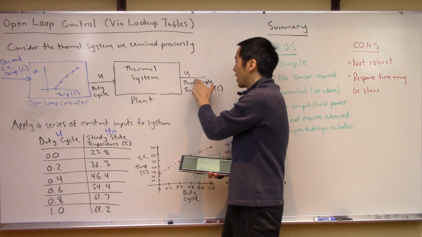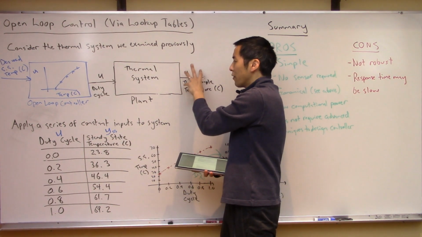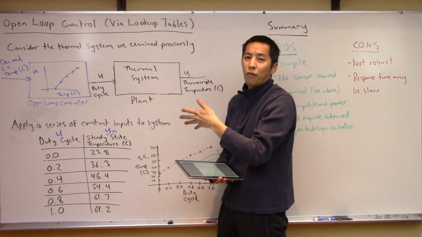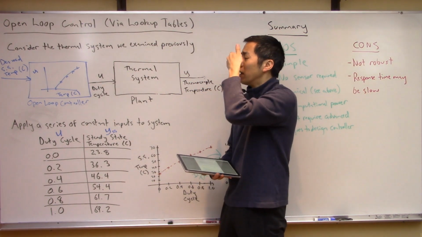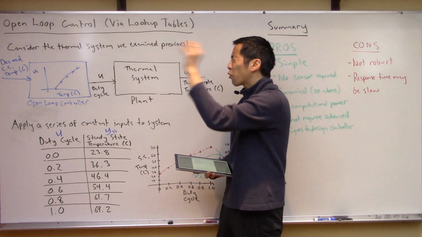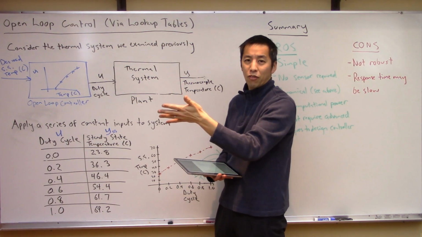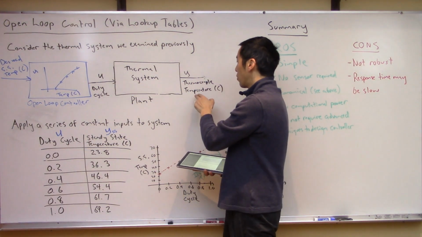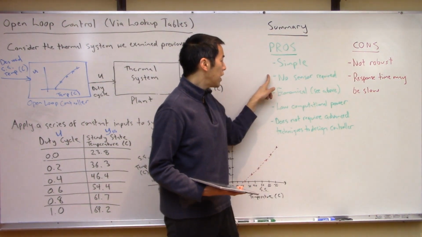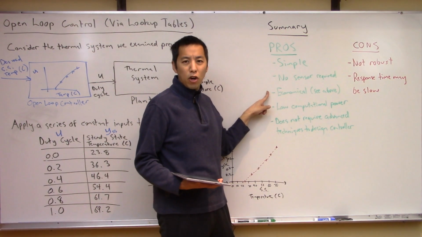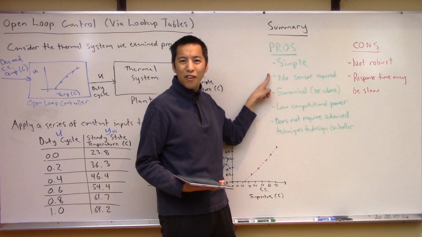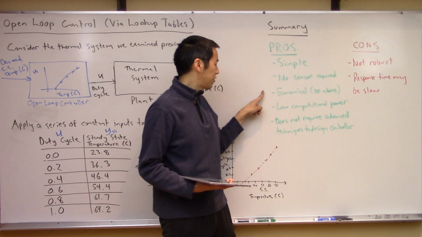You don't need to implement anything. You don't even care what the system is doing. This is effectively the idea of closing your eyes and doing something and hoping for the best. That's what open loop control is doing. So you don't need a sensor, which makes it somewhat economical, because you don't have to buy anything. So it's pretty darn simple.